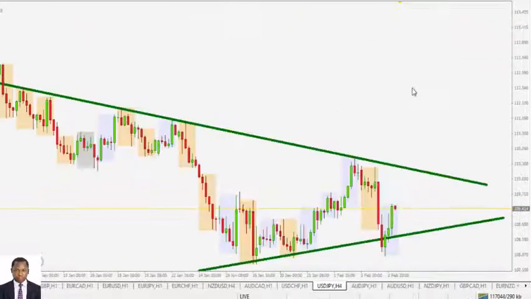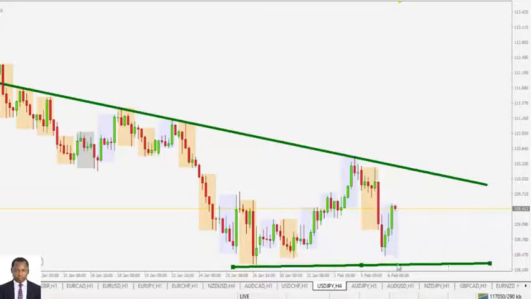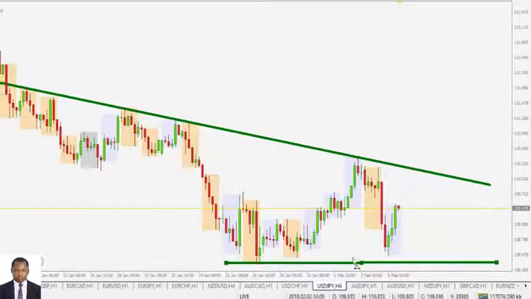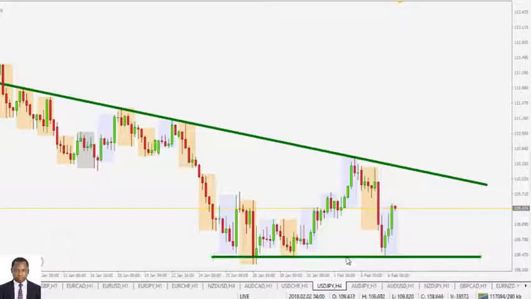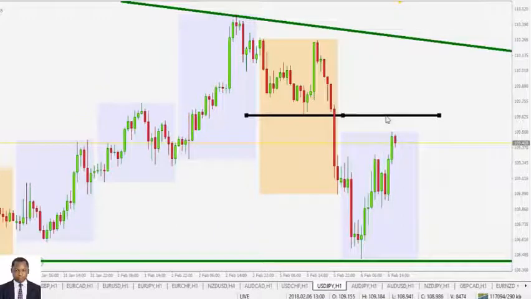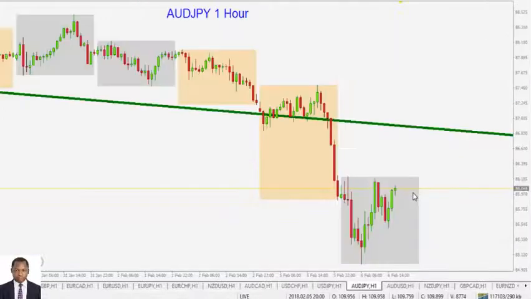Let's see what's going to happen by the end of today. Mark this area as support. Okay, price is still in the middle of nowhere. Don't trade anything here. There is nothing valid there.